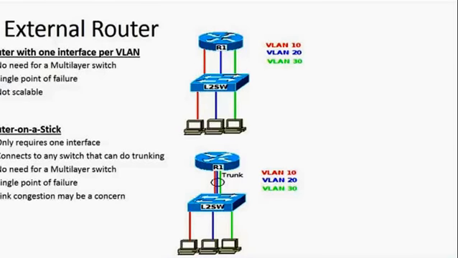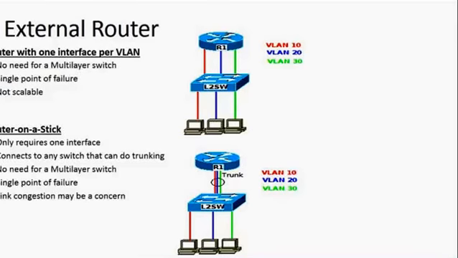The other option is what we call router on a stick, where I can combine those VLANs and send them all across the trunk. So it's an enhancement upon what we just discussed, in that I'm only using one interface, and I'm going to configure that interface as a trunk link with sub-interfaces, one sub-interface per VLAN.